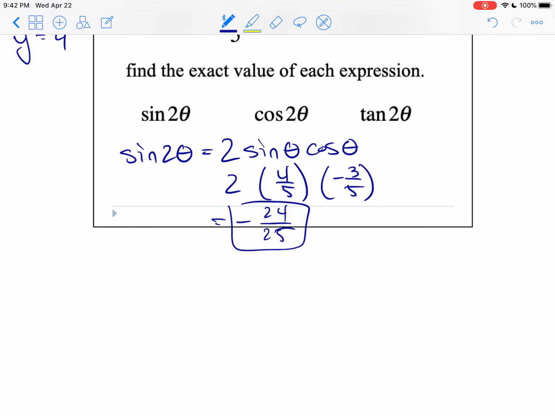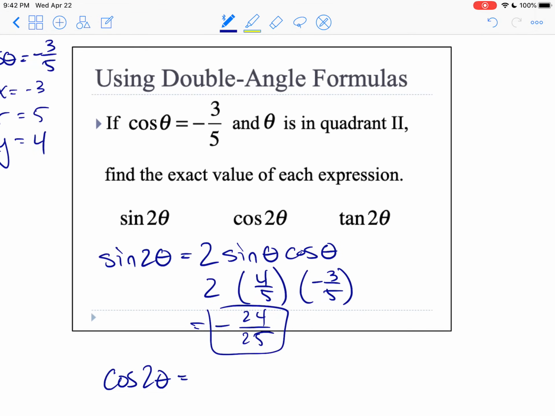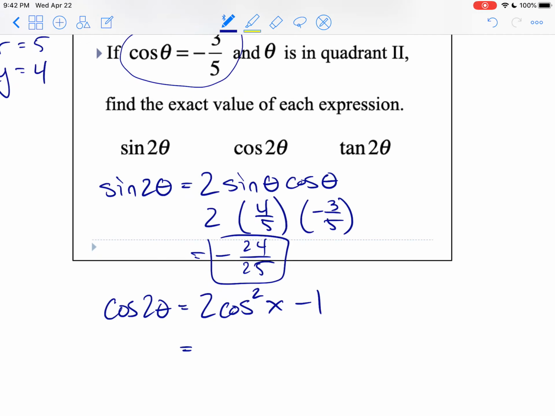Now let's figure out cosine of 2 theta. Well, I can use a double angle formula for cosine. The one I want to use just has a cosine in it because that's what I was given to start with. So the double angle formula for cosine that only has cosine in it is 2 cosine squared theta minus 1.